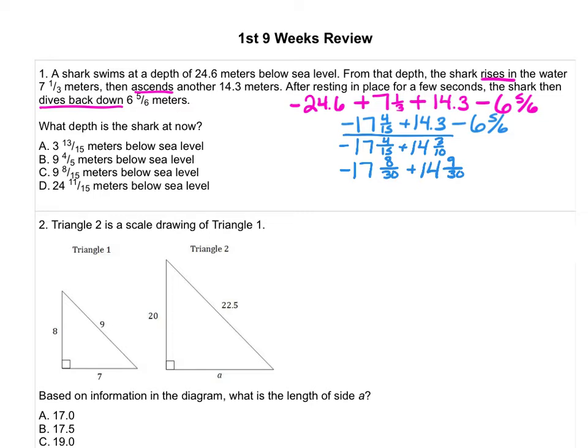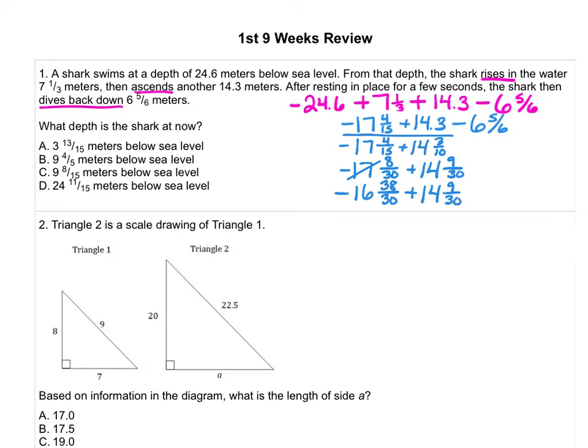So let's go ahead and borrow: negative 17 and 8/30, ignoring that negative, just bring it down and say, drop 1 from 17 to become 16. And we're going to add 1 as a fraction, which would be 30 over 30, to 8 over 30, which is 38 over 30, plus 14 9/30.